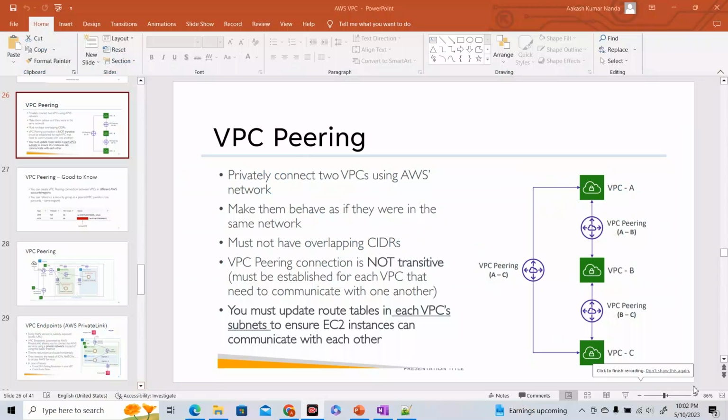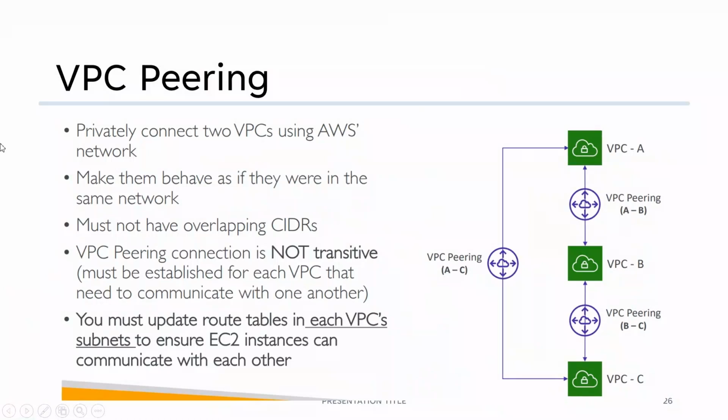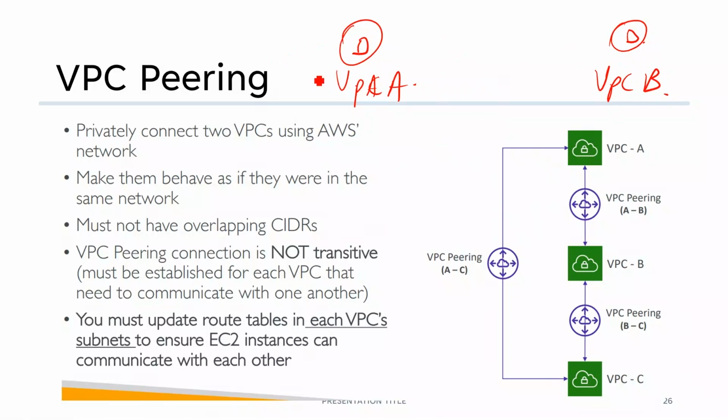So guys, let us talk about VPC peering. All right, so basically what VPC peering is, you have one VPC, for example this is VPC A, and you have another VPC, this is VPC B, and there is one EC2 instance over here, and one EC2 instance over here, and you want both of these EC2 instances to be talking to each other over the private network, not using the public IP, because using the public IP you can do it, but we want the private network.